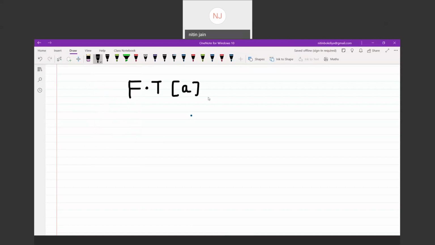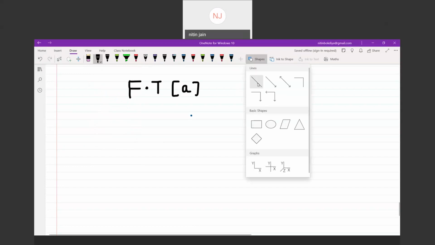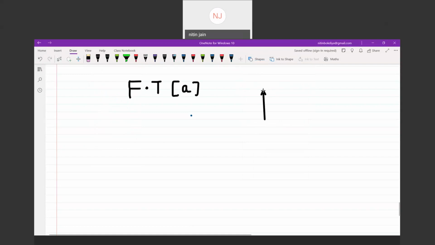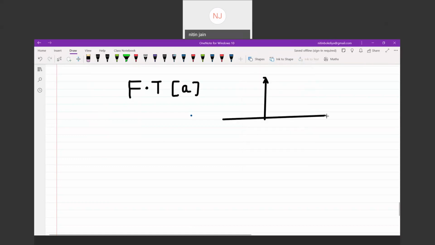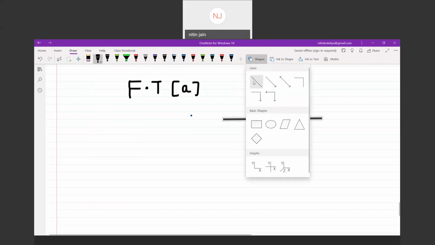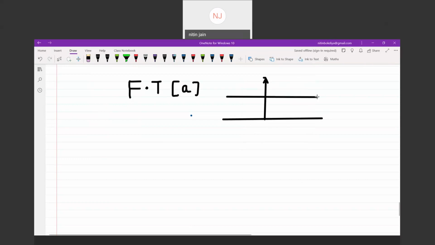A is a constant, so it looks like this: irrespective of time, it's a 1. The problem is that its limit is not defined. So we will go by some analytical method to find its Fourier transform. Let's see how.